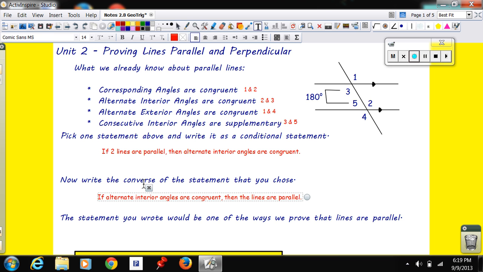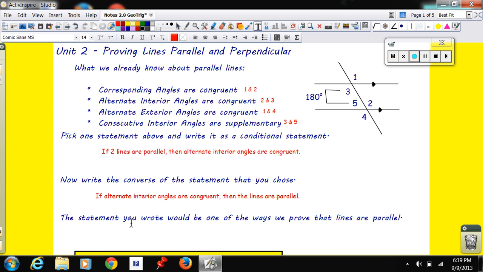So if I could prove that angle 2 is congruent to angle 3 here, then the lines have been proven to be parallel, because that's the only way they could be parallel, is to have the same angles, which would make the same slope. So if I can prove alternate interior angles are congruent, then the lines are parallel.